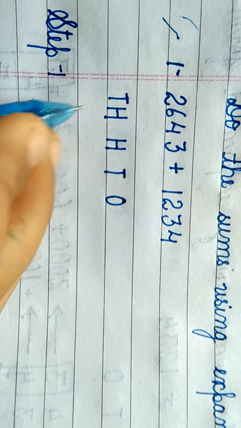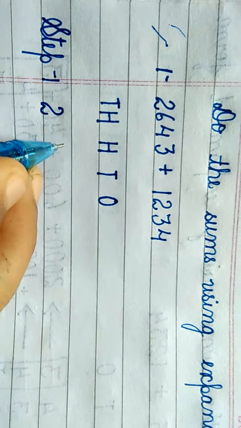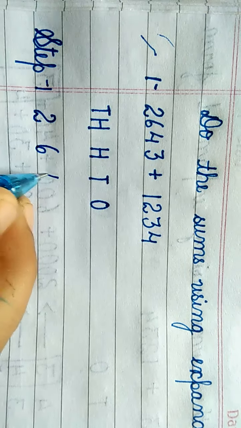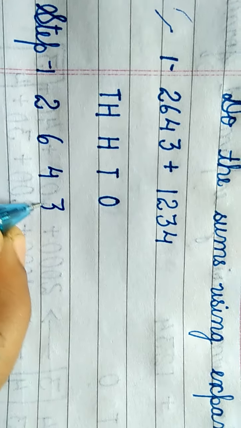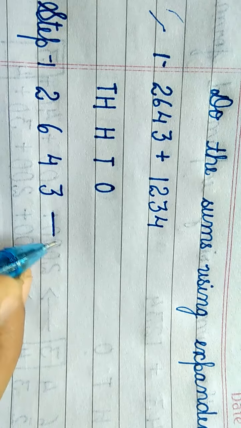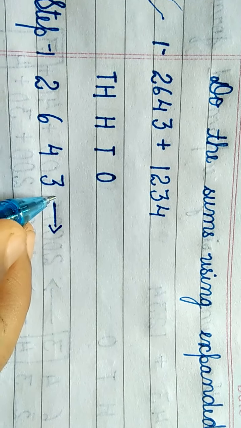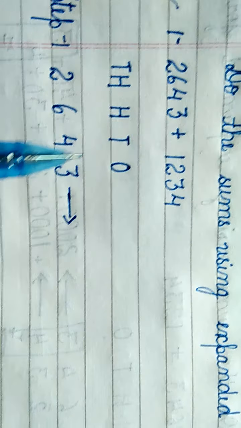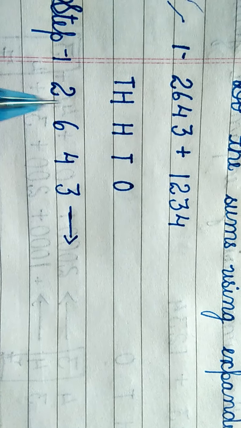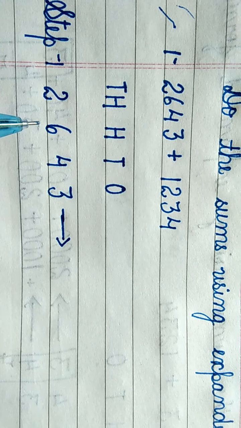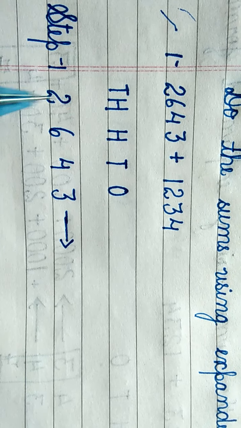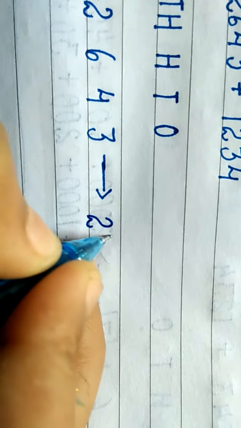First we will write 2643. After this we have to write it in expanded form. You see here how to do expanded form. 2 is in which place? Thousands. Then we will write 2000.